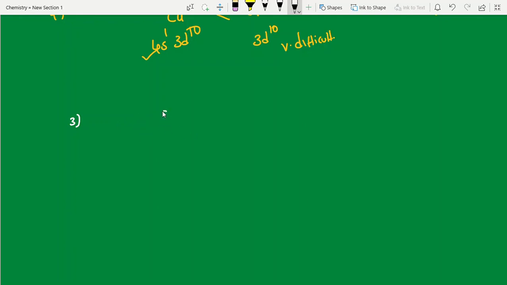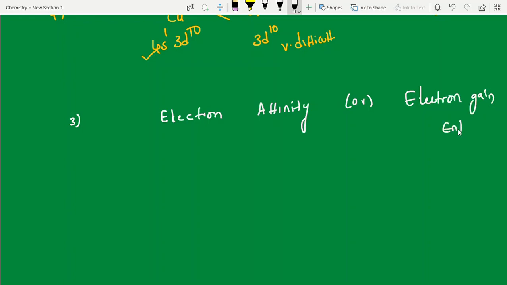Next one, electron affinity. Electron affinity, also called electron gain enthalpy. I am not giving a detailed explanation. If you have any queries, comment.